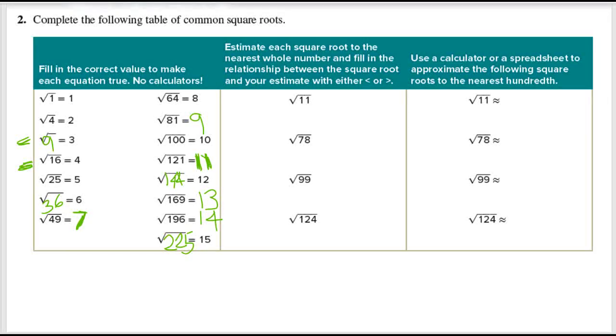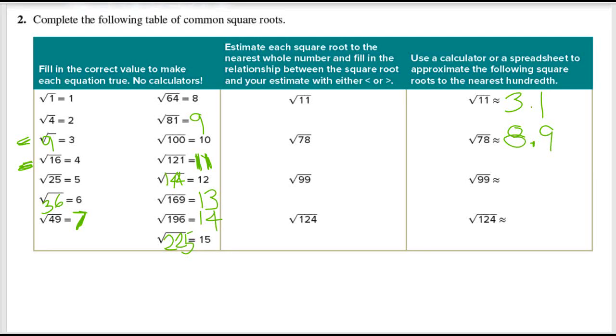And it's closer to 3, so I'm going to say it's approximately 3.1, just as an estimate based on that. Square root of 78, a little bit less than 81. 78 is close to 81. It's considerably more than 64, so I'm going to say 8.9.